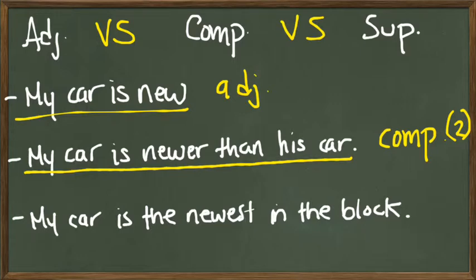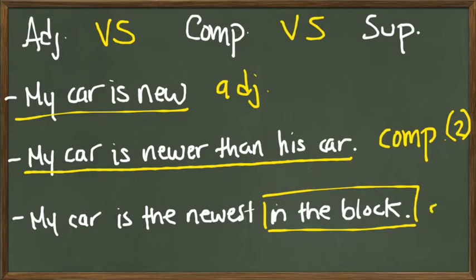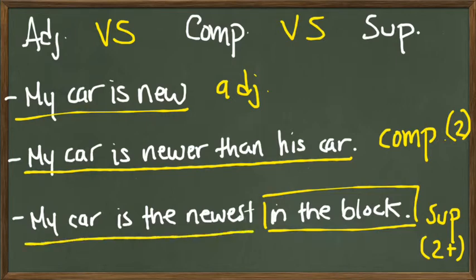Now, in the third example, we are talking not only about my car and his car. We're talking about a universe. What universe is that? The block, the whole area. So we need a superlative in this case because we're talking about more than two. So our example is, my car is the newest in the block.